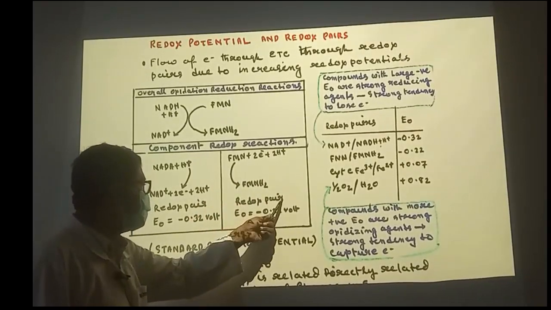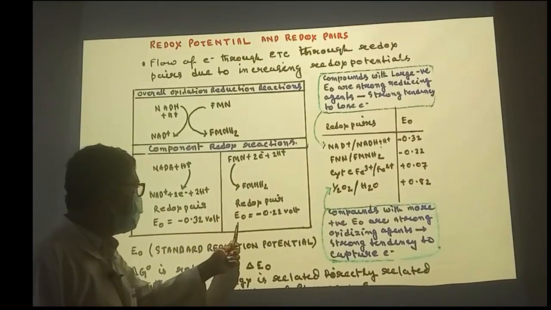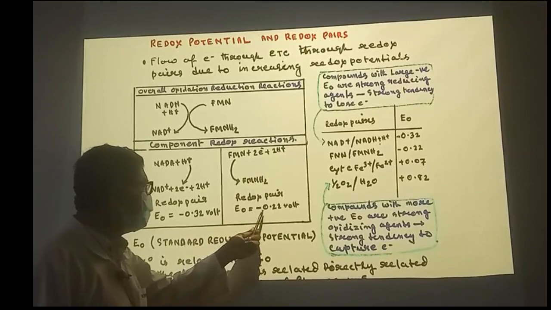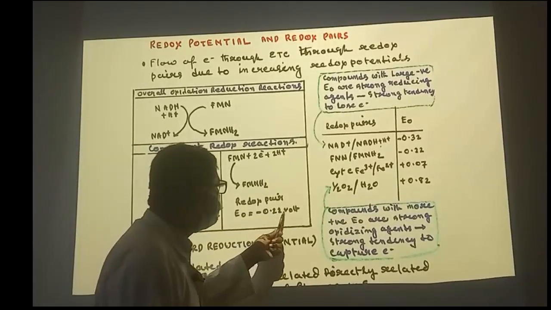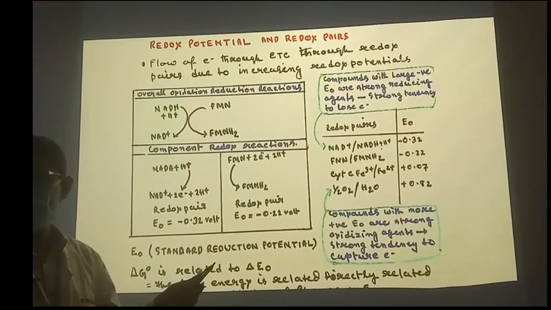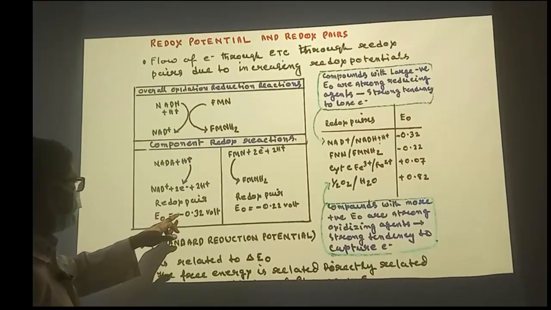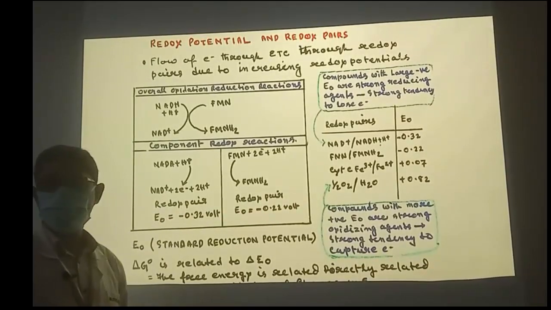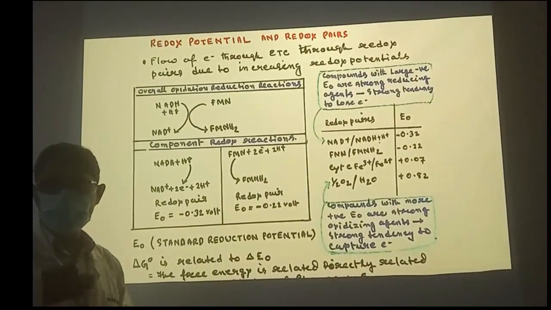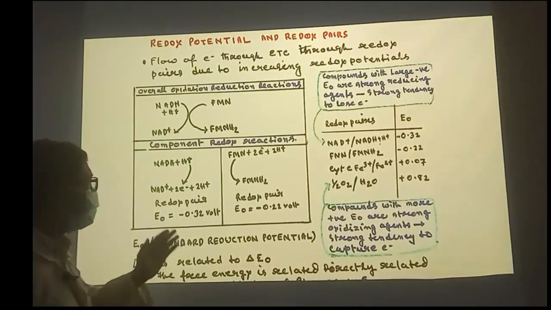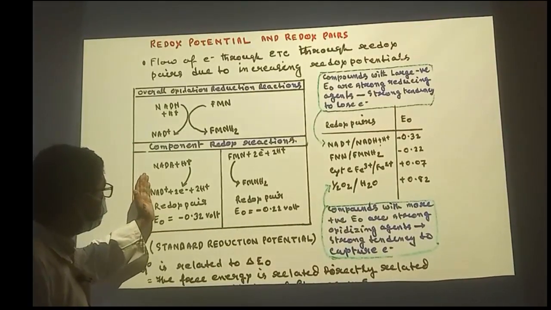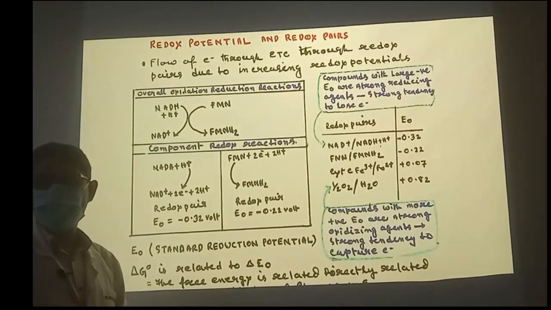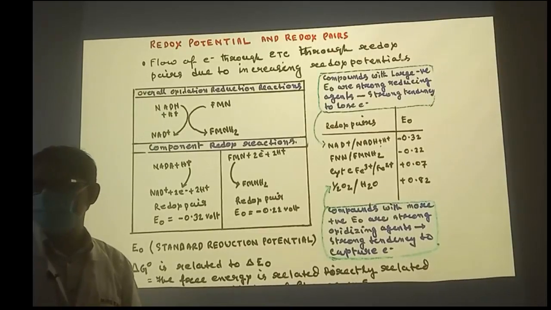These are the redox pairs, and they have a standard reduction potential denoted by E0 of minus 0.22 volt. So from minus 0.32 to minus 0.22, it is a positive, increasing redox potential. That's why the electron is shifted from this redox pair to another redox pair, along with the proton, of course. Proton is also carried.